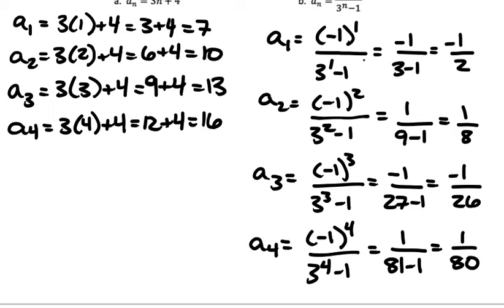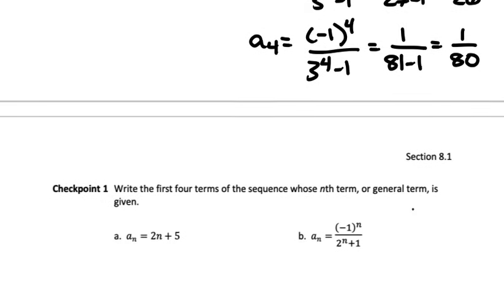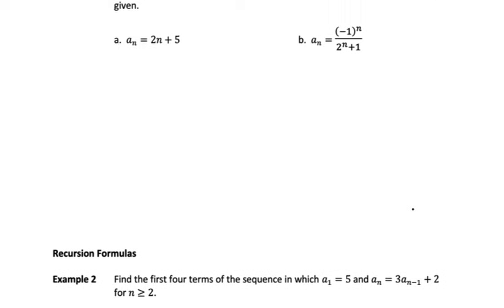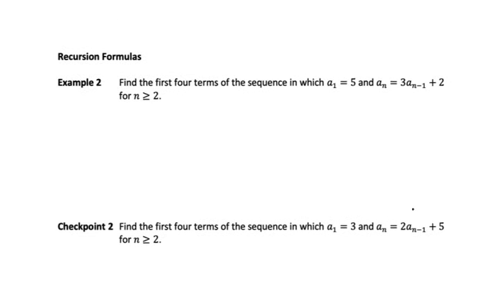So as you're increasing by 1, you're alternating odd, even, and so that makes the sign alternate negative, positive, negative, positive. So next you should look at checkpoint problems number 1. Do this in your notes, check your answers, and then move on with the video.